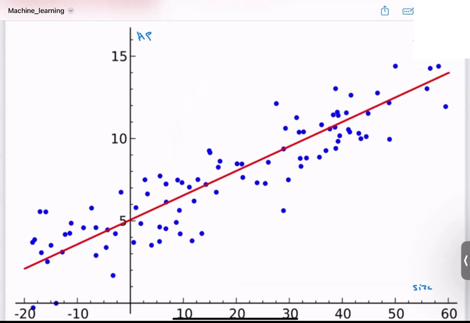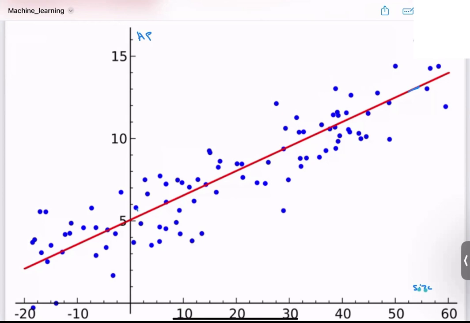We can translate this mathematically into a minimization problem. If you look at this line that I claim is the best line predicting what's happening in the data, what we're really trying to do is minimize.